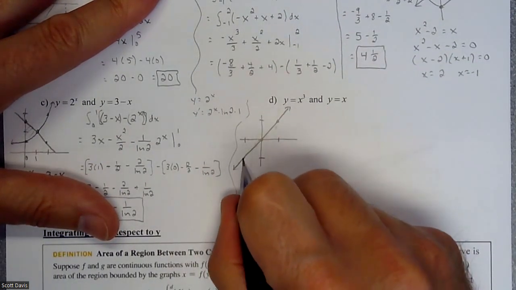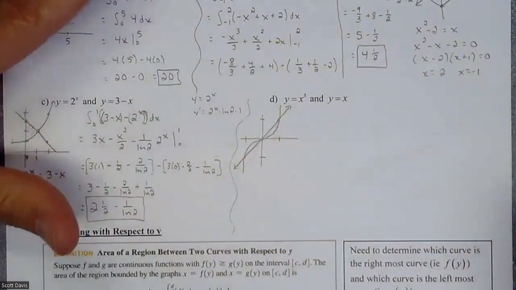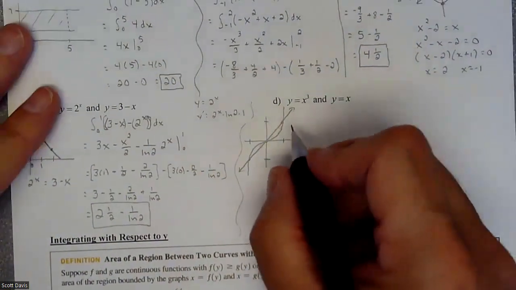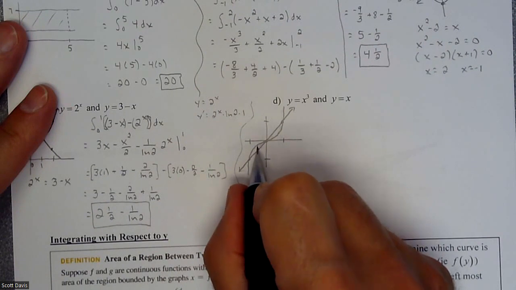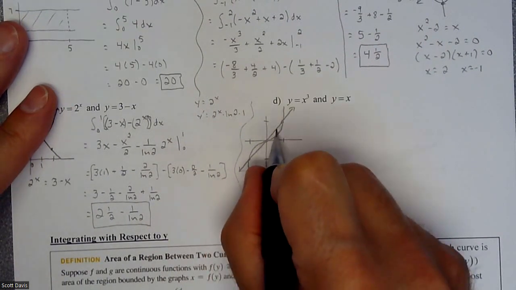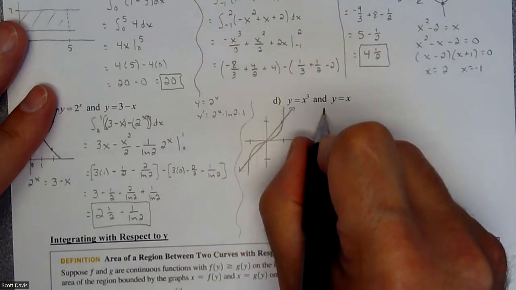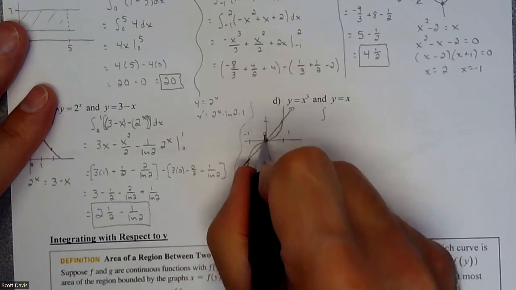The cubic looks like this. So the problem with that is, it's not going to be a huge problem, but we have this section where the cubic is on top and the linear is on the bottom, and then this section where the linear is on top and the cubic's on the bottom. So we're going to need to figure out these sections right here.